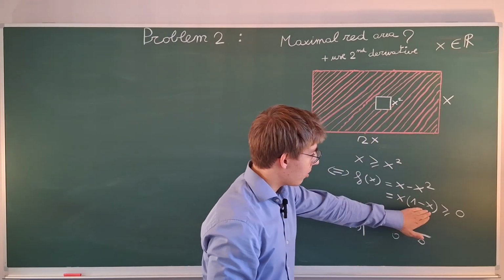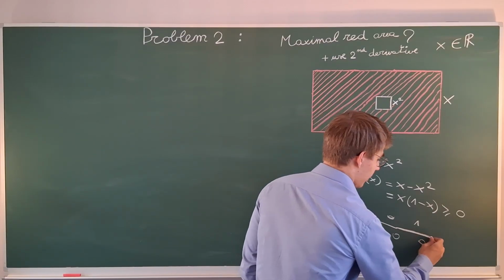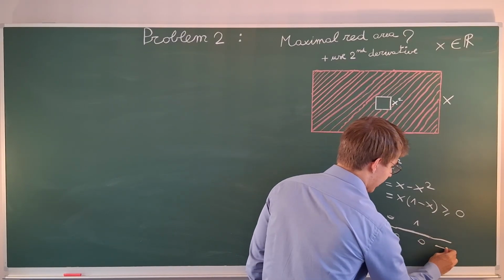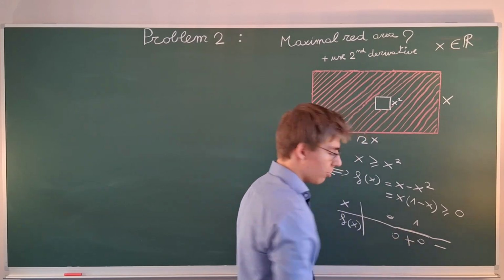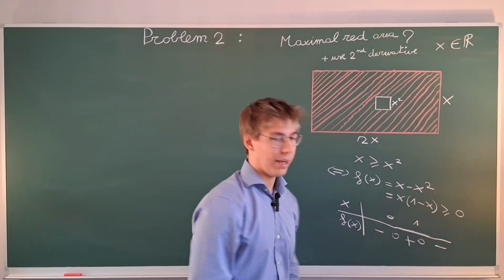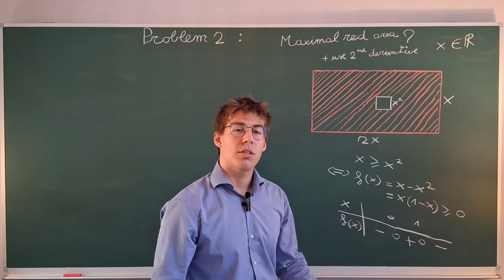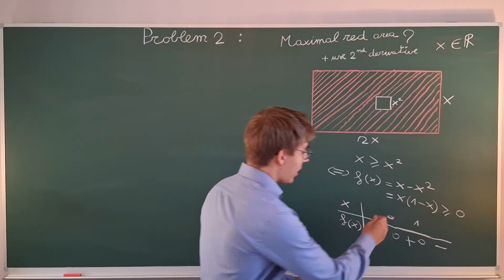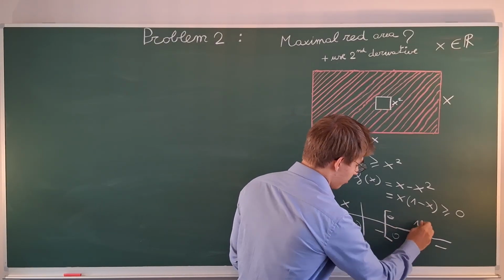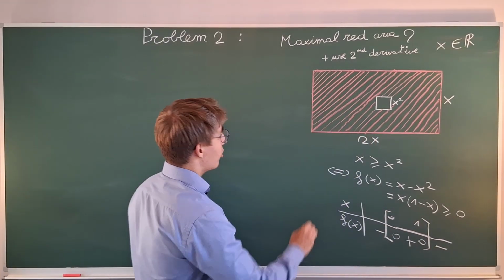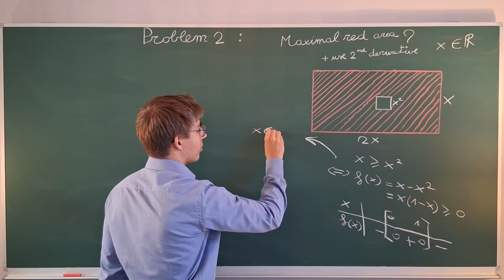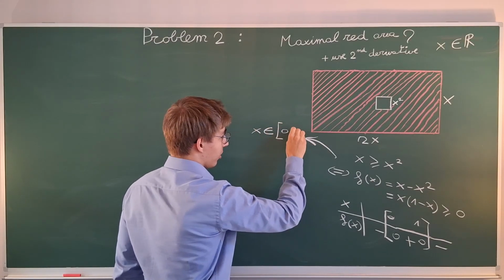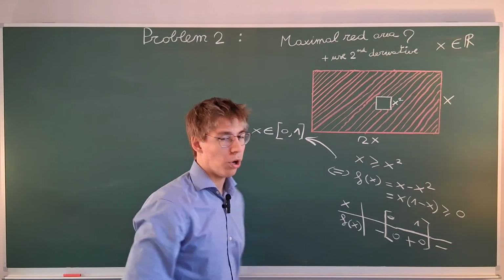And since the term of x squared is negative, that means it is negative to plus infinity, positive between 0 and 1, and here negative again. So the only possible values for x lie in this region. So we already know that x is an element of the interval 0 to 1.